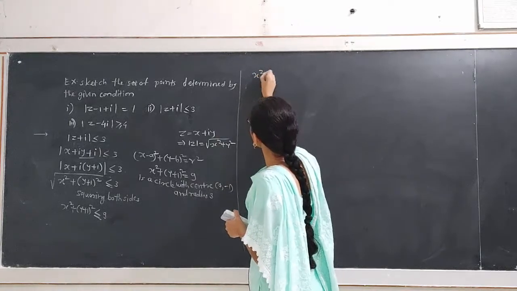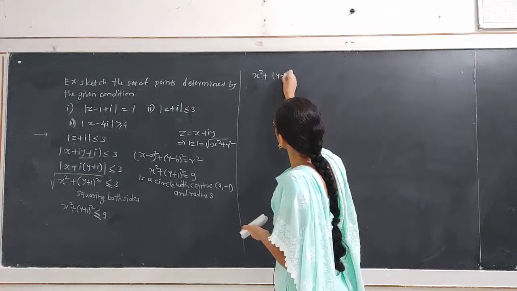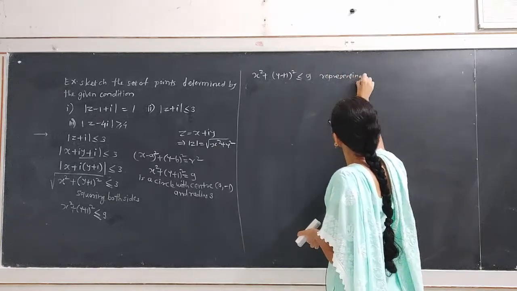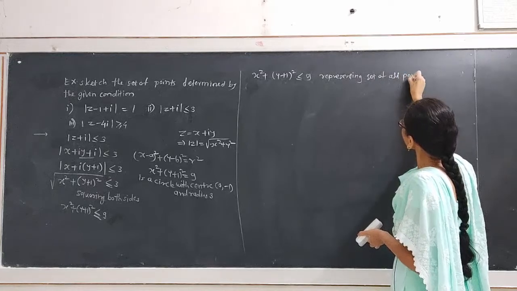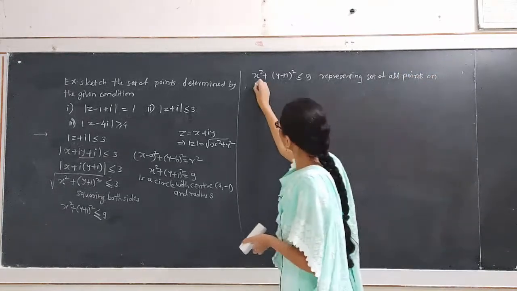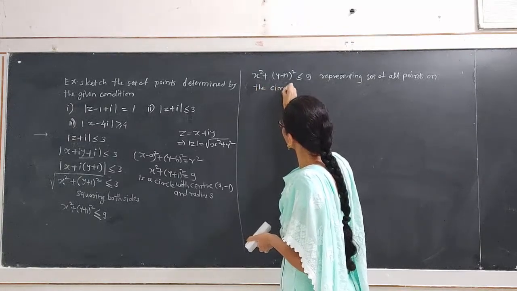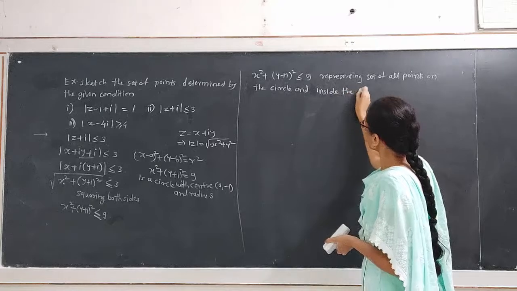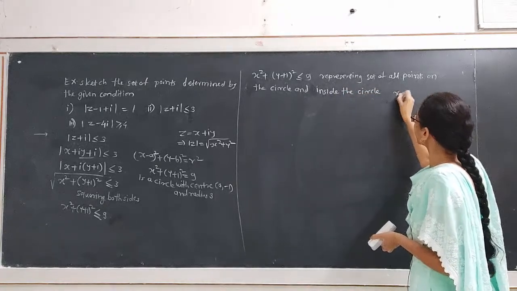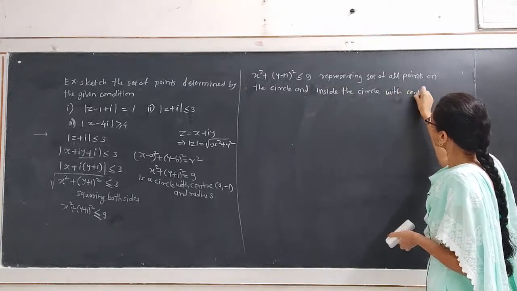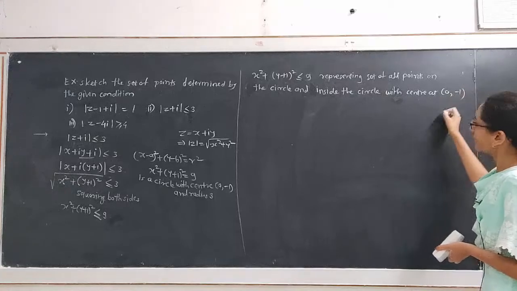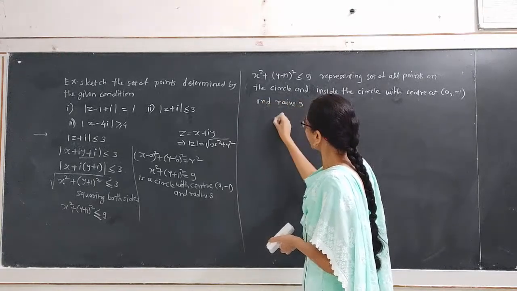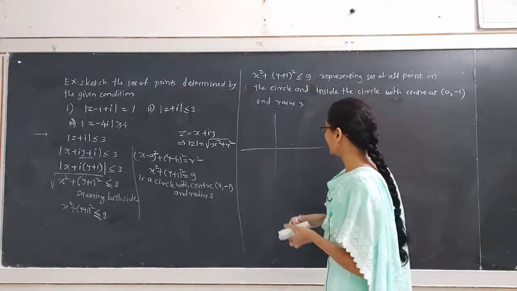That equation x square plus y plus 1 square less than or equal to 9 represents the set of all points on the circle and inside the circle, with center at (0, minus 1) and radius 3.